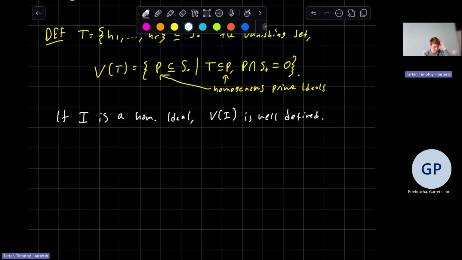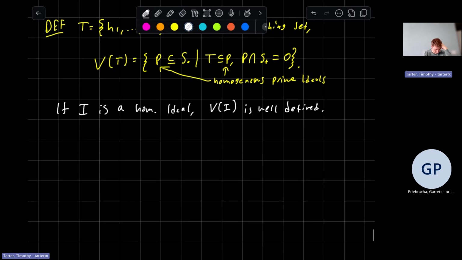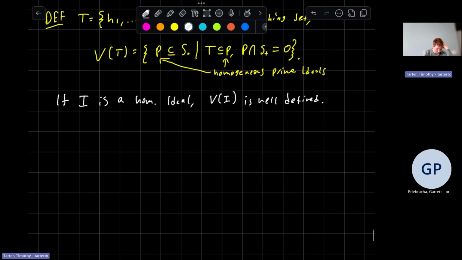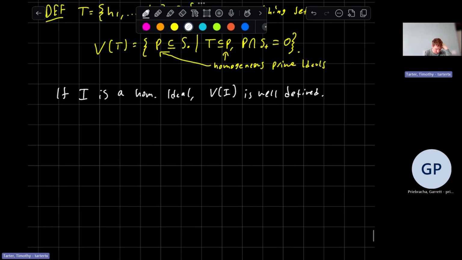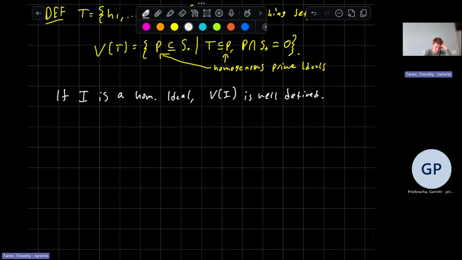Notice that it is the same as V of T, where T is any homogeneous set of generators of I. So we can define this for one polynomial at a time in a meaningful way, as long as that polynomial is homogeneous and of positive degree.